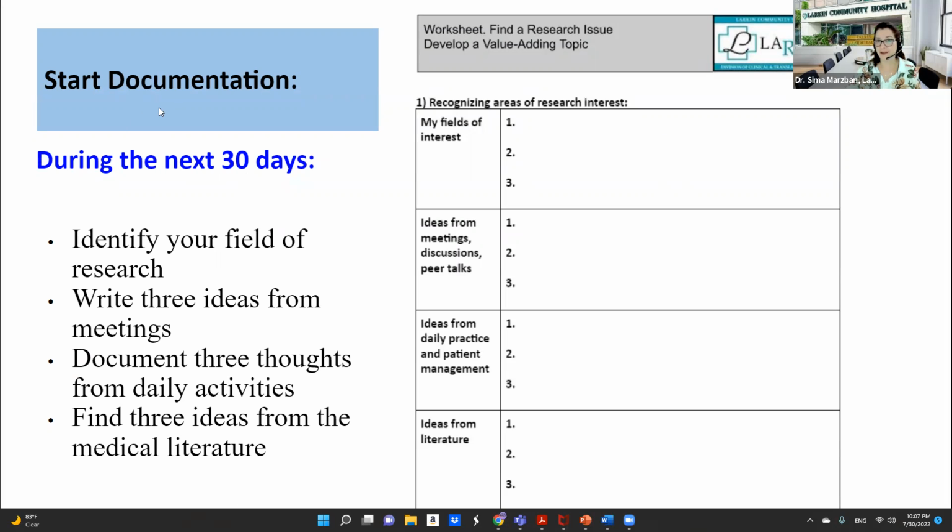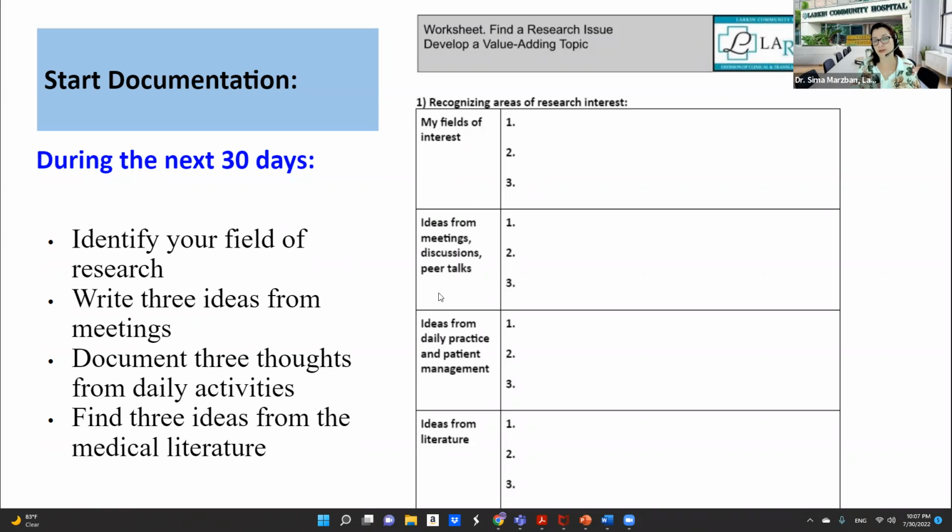When you are ready to document areas of priorities for your research, start writing about priorities. Start writing a list of potential research topics and interests. So first of all, identify your field of research. Write 3 ideas from the meetings, discussions, and peer talks.